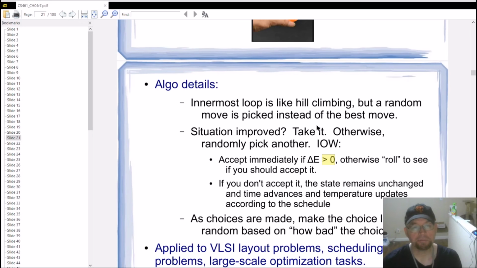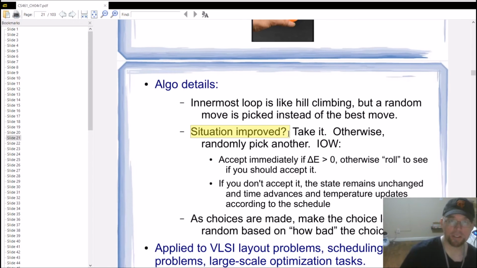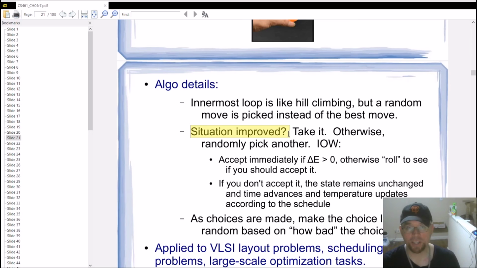So if your situation does not improve, let's say that all of your adjacent states, all of the successor nodes, because you're at a local maximum, maybe at a plateau, so you generate your successor states. There's nowhere else to go. You can't go up. There is no up. There's only down.